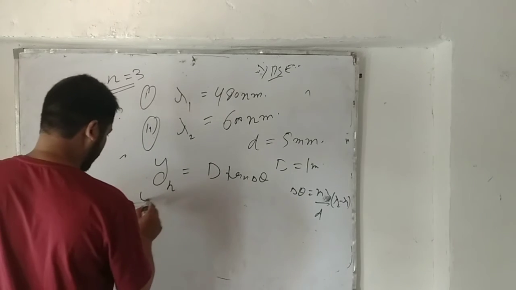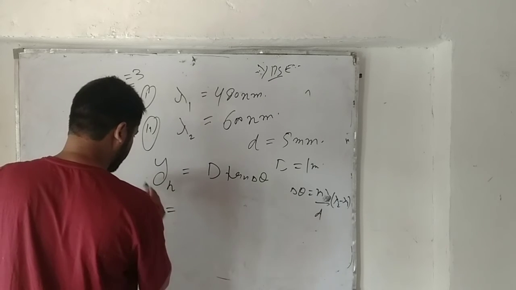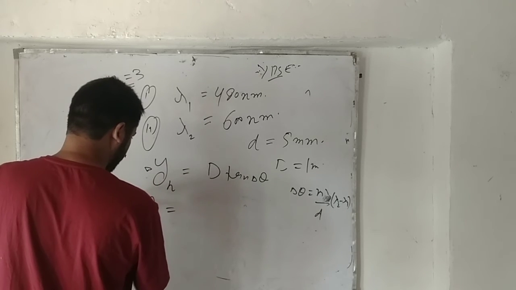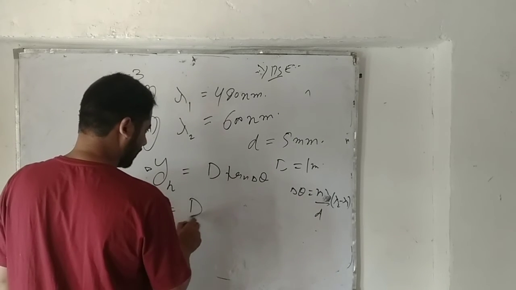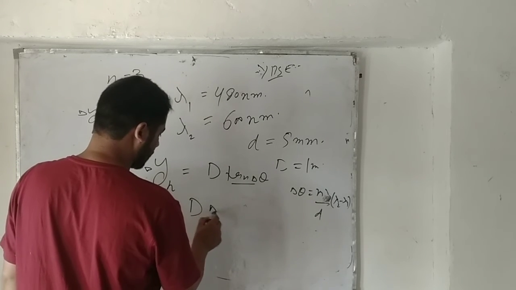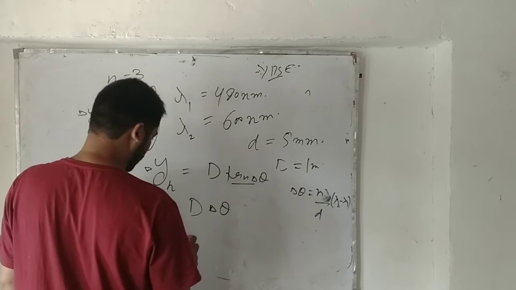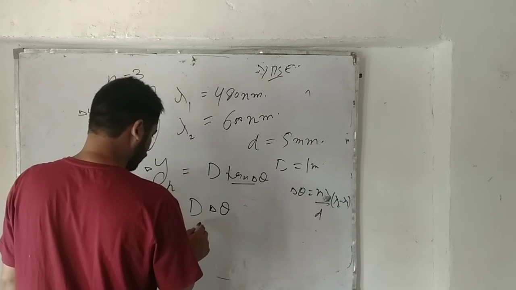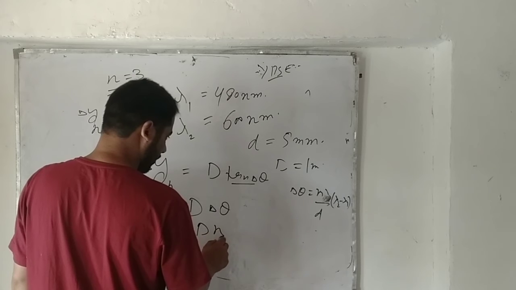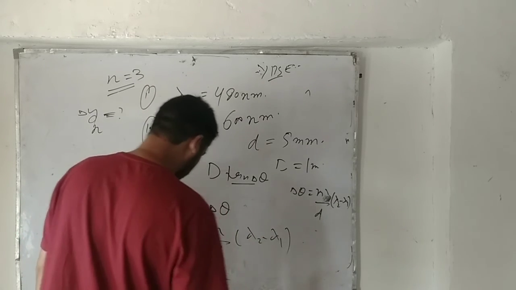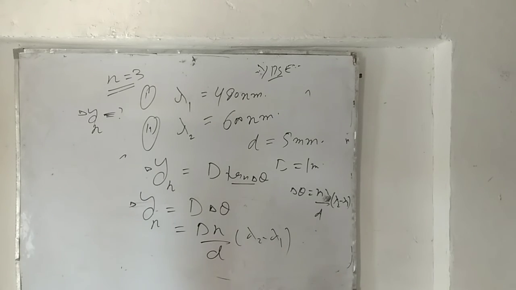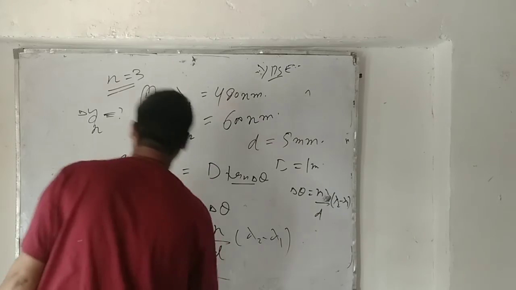For that, y_n will be equal to D, and under the small angle approximation, tangent of theta is also theta. So I can put in the value: it will be n D over d times lambda 2 minus lambda 1.